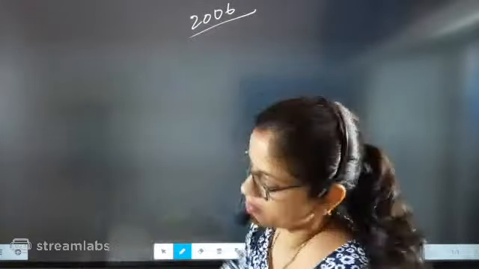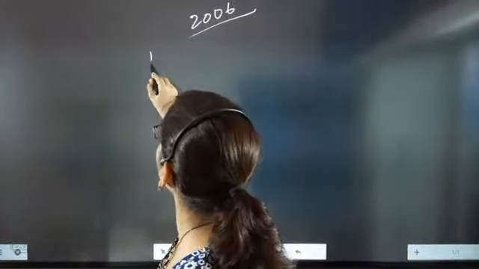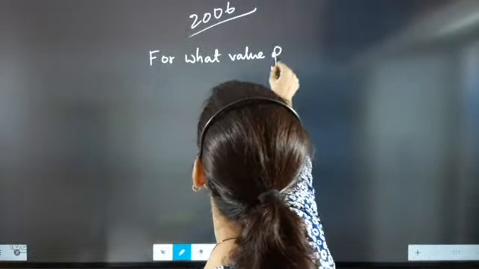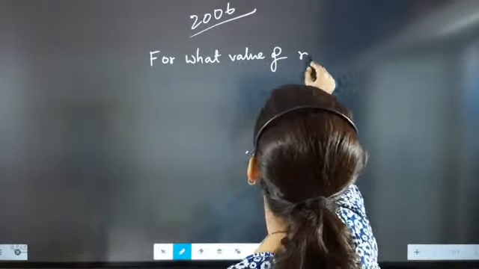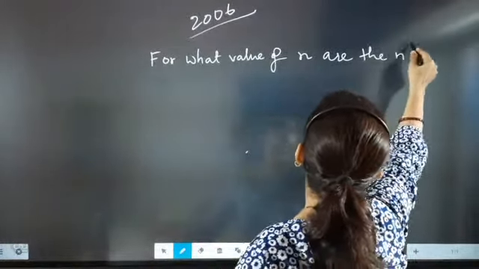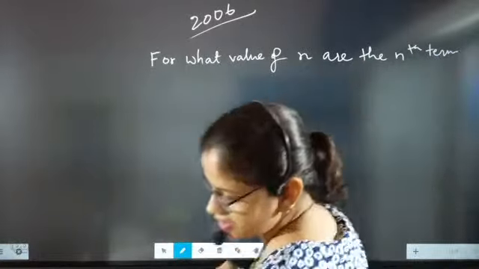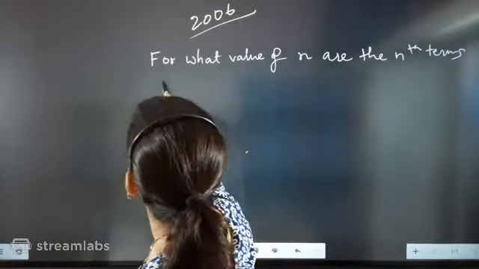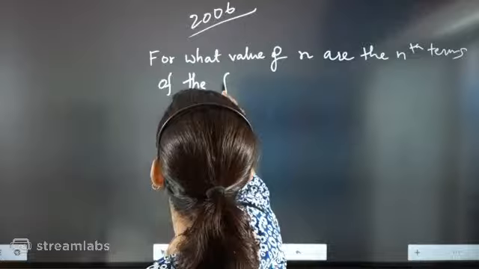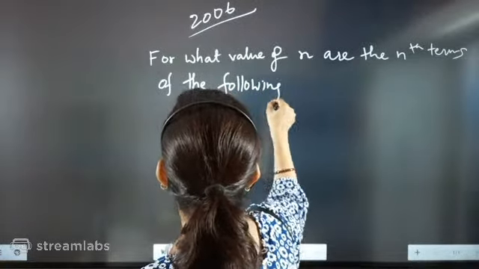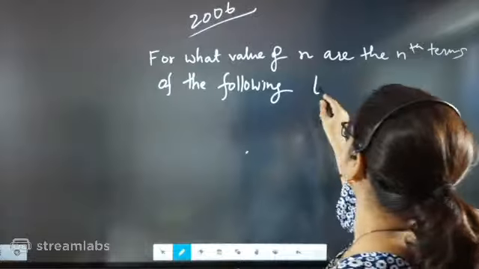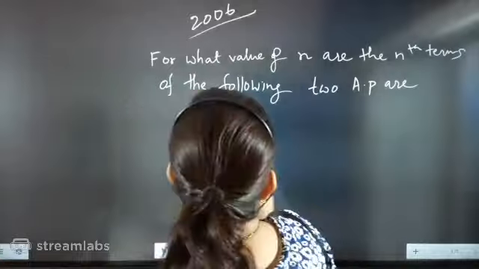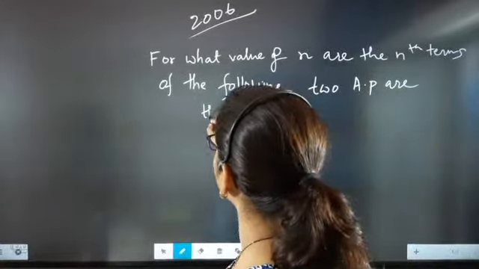They are asking in the question: for what value of n are the nth terms of the following two APs the same?